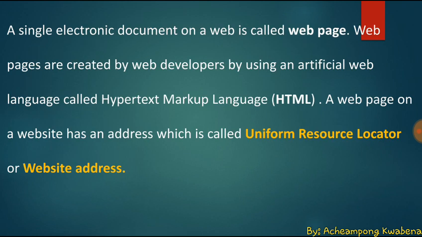A single electronic document on the web is called a web page. So whenever you access a single electronic document on the World Wide Web, each of that document is called a web page.